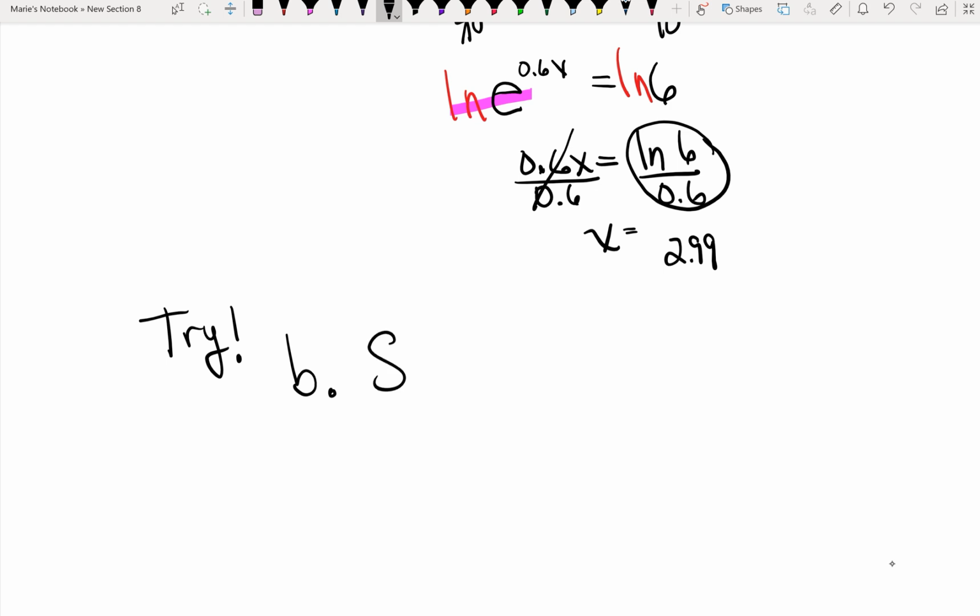Question B says solve. They give us 7e raised to the 2x minus 5 equal to 58.